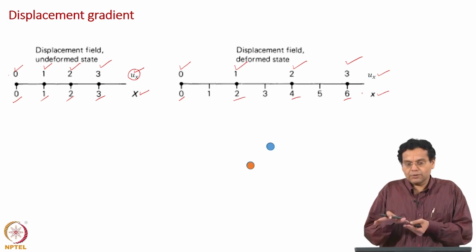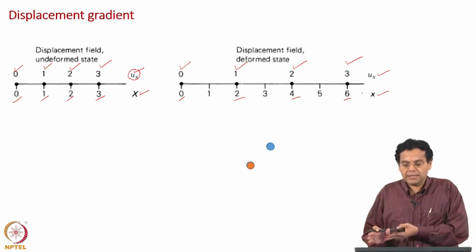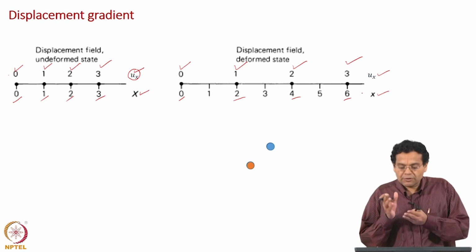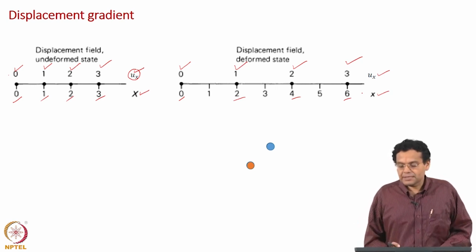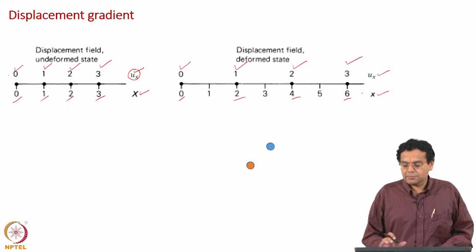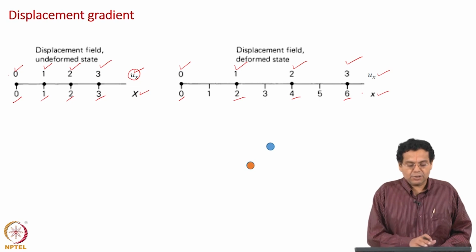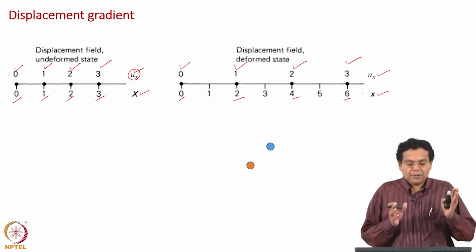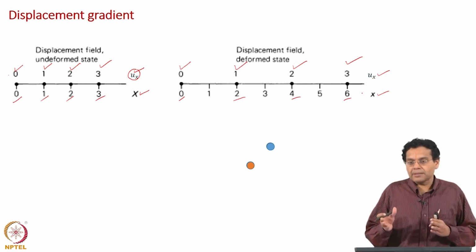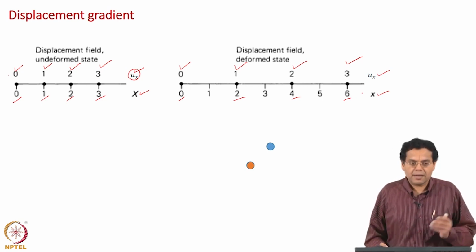Now, we applied the force, it has come to another equilibrium state, you are in the final state. If you want to explain the right side figure with a grammatically correct statement, I should say these are the displacements that have occurred for the particles which were at 0, 1, 2, 3 or which are currently at 0, 2, 4, 6. Okay. So, in one case the displacement that will happen, in the other case the displacement that has happened.